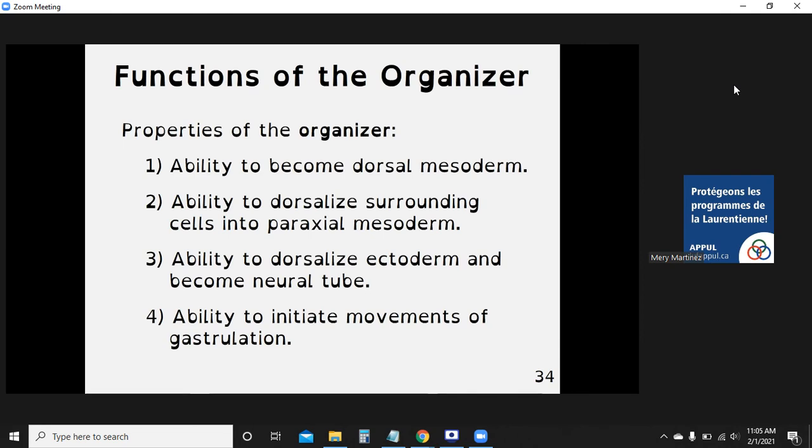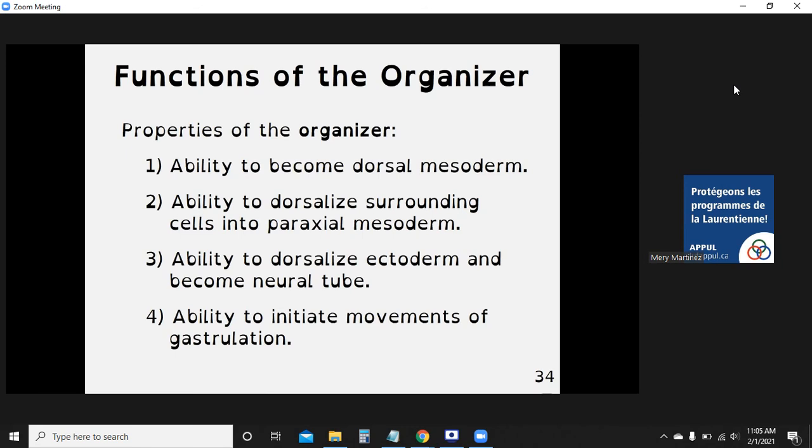Function of the organizer. So we know that while the Nieuwkoop center cells remain endodermal, the cells of the organizer become mesoderm, and they migrate underneath the dorsal ectoderm. So the dorsal mesoderm induces the central nervous system to form various things. So the properties of the organizer are the ability to become dorsal mesoderm, the ability to dorsalize surrounding cells into paraxial mesoderm, and these paraxial mesoderm are the somite formation, right?